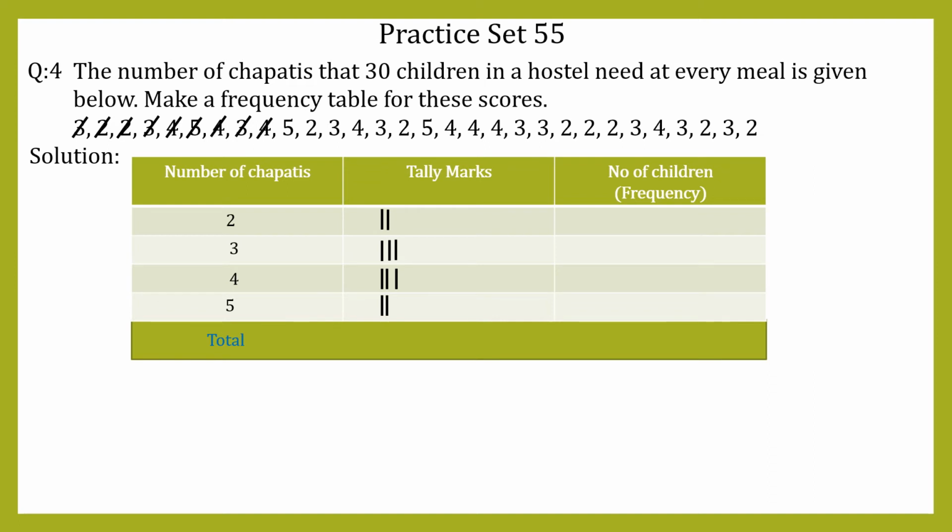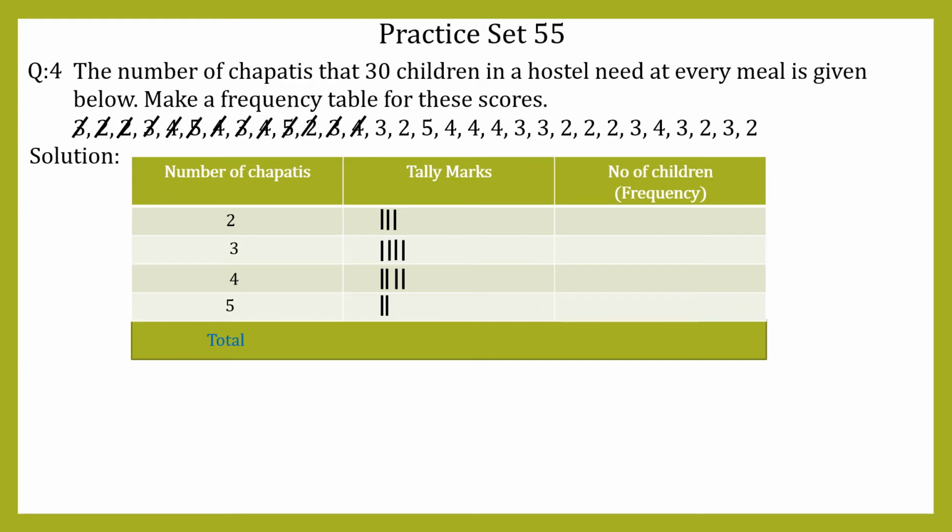So you can see a tally mark for 5 and we'll cancel this. Now we have 2. So dear children, concentrate in the tally mark column next to 2. Yes, you can see a tally mark has come for 2. Next is 3. So tally mark for 3. Next number is 4. So we'll have tally mark for 4.